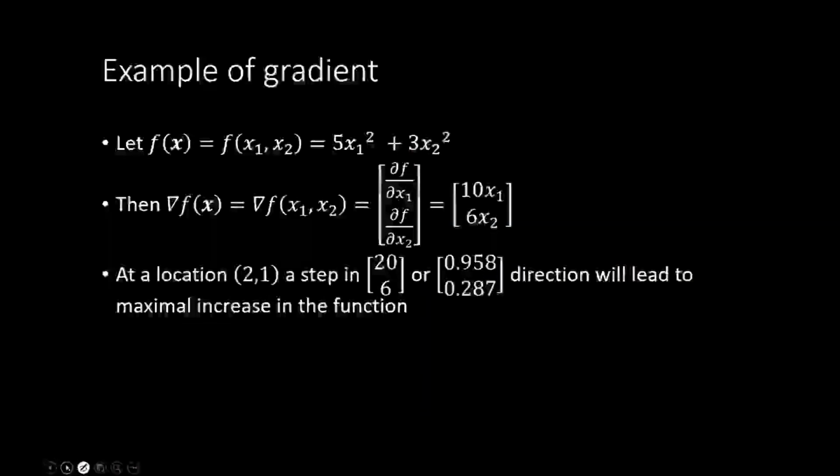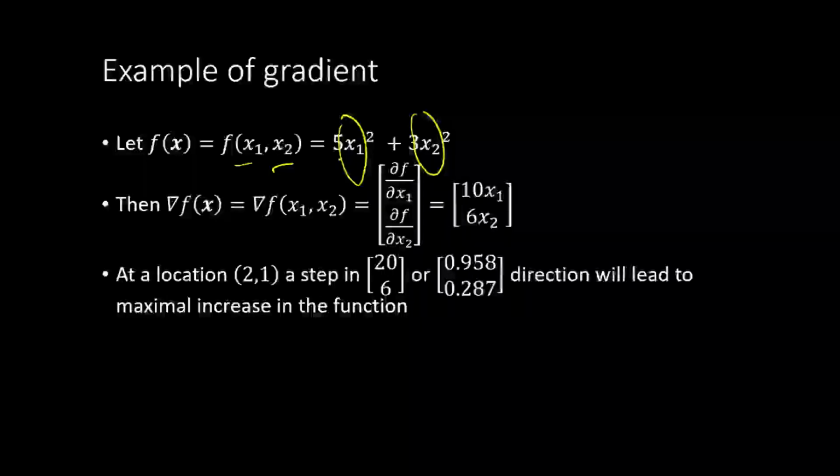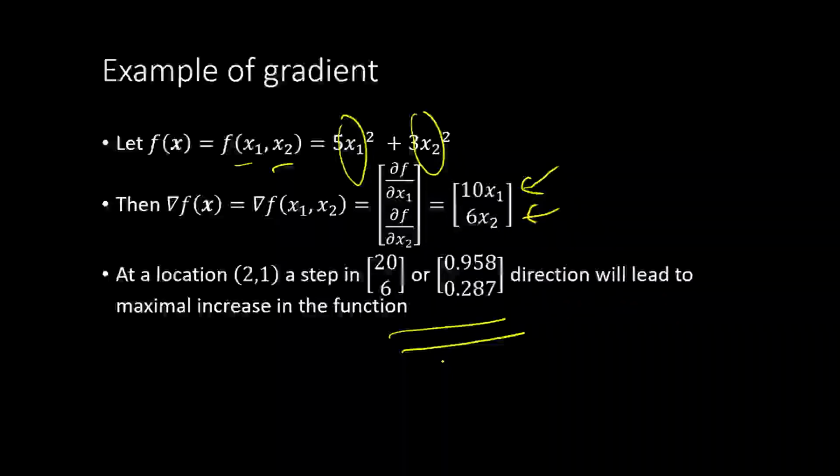Here's an example of a gradient. We have two different inputs, x1 and x2, so it's a function of two variables. In neural networks it's going to be w1 and w2, not x1 and x2, because x1 and x2 are the training inputs, which are fixed. But here, just for the function, we have x1 and x2. We can take the derivative and we will get a vector like this, and we can compute it for a particular point.